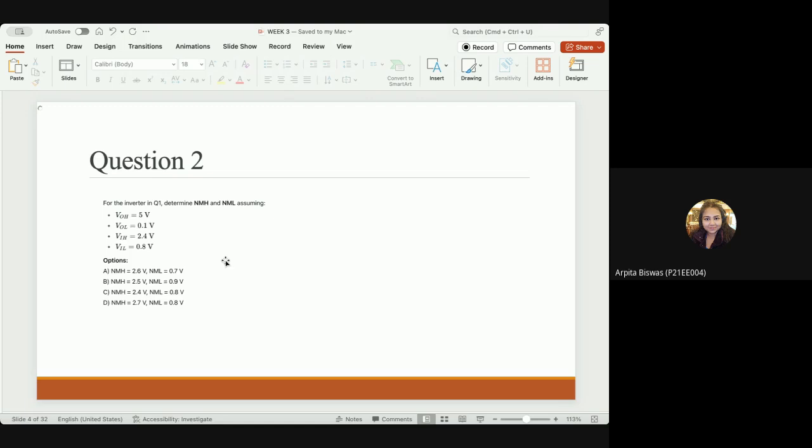What is the equation for noise margin high and noise margin low? Ma'am, NMH is equal to VOH minus VIH. And NML, noise margin low, is VIL minus VOL. Yes. So tell me the right option.